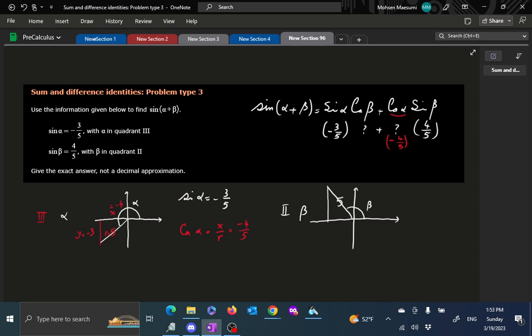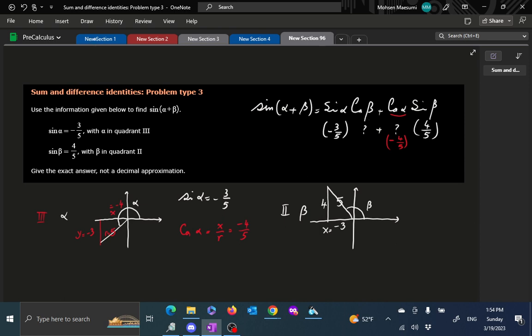R has to be 5. Opposite has to be 4. The adjacent, given that we are in second quadrant, will be minus 3. So 4 and 5 came out of the fact that the sine of beta has to be 4/5. We are in the second quadrant, so the side here is going to be counted as x is minus 3. What do we want from beta?